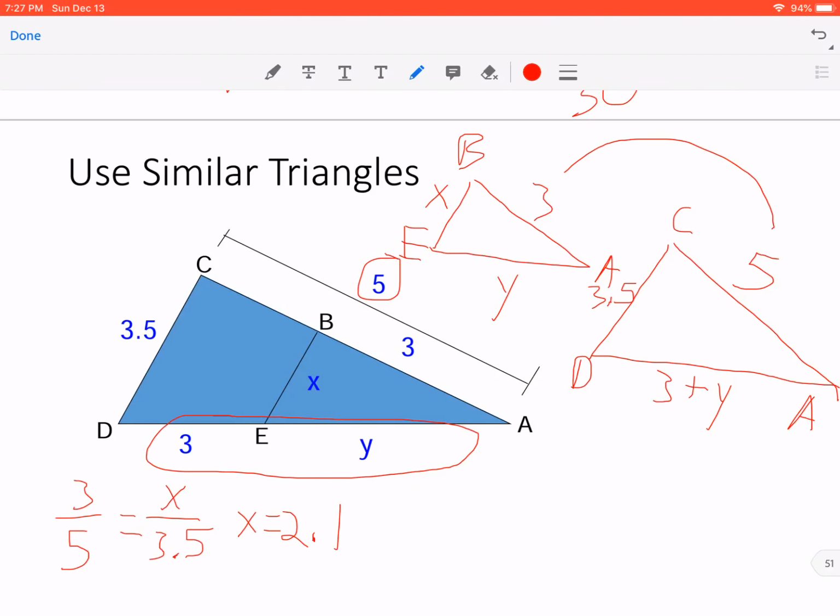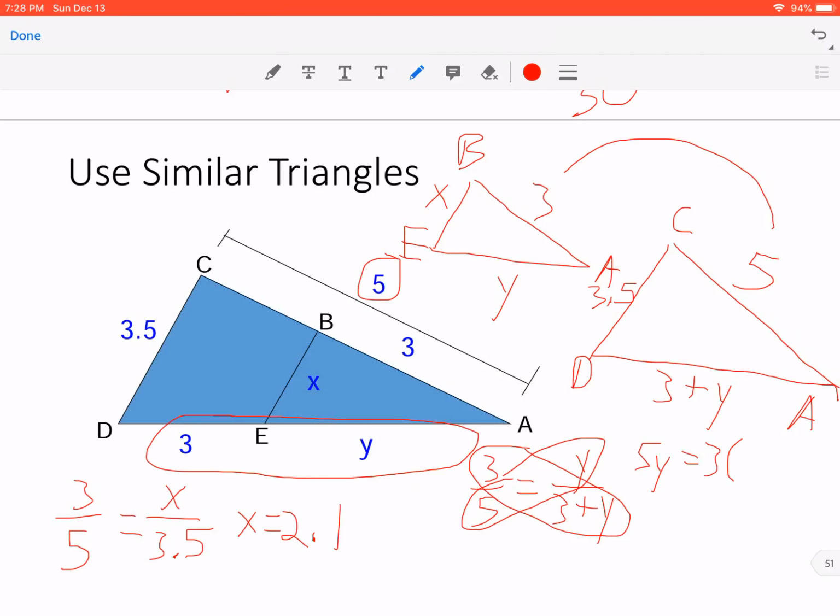Now, to solve for Y, use the same proportion. 3 goes with 5. Who does Y go with? 3 plus Y. Remember I told you this the other day. Most of these problems are going to involve distributive property. These two go together. That's 5y. But you've got to multiply 3 by the binomial 3 plus y.